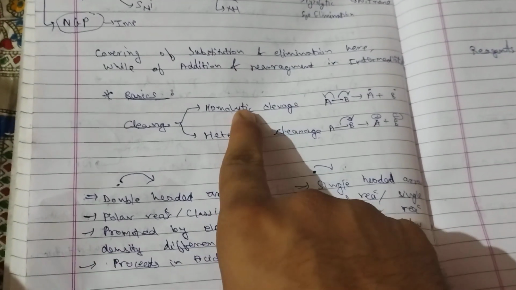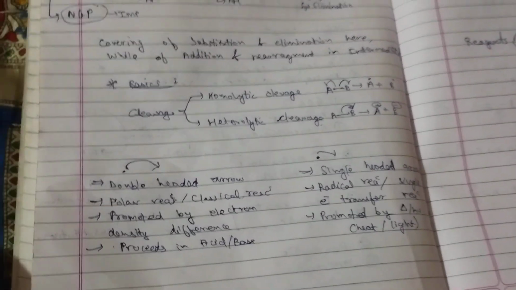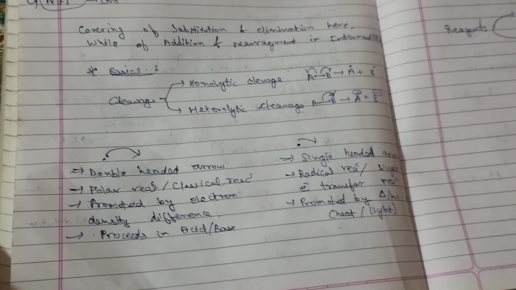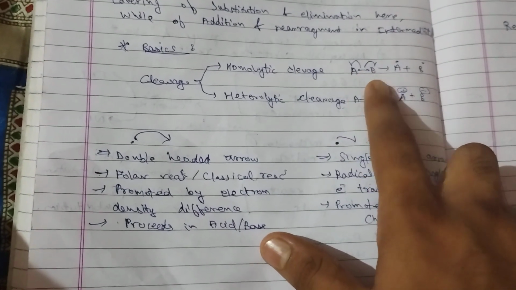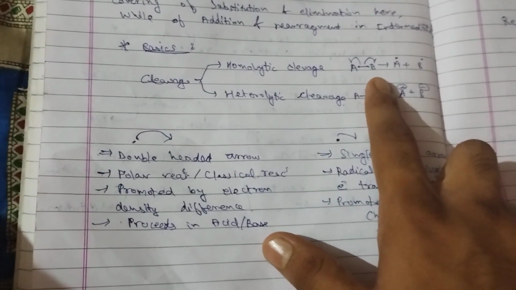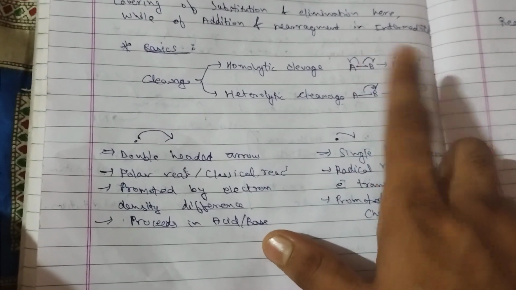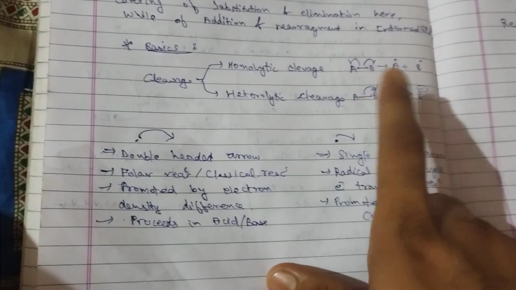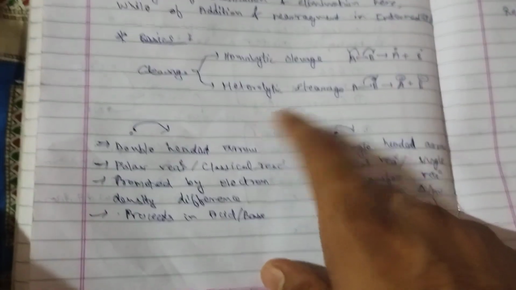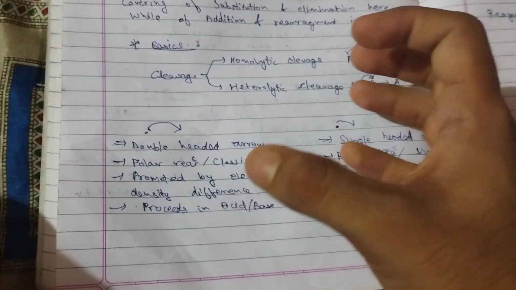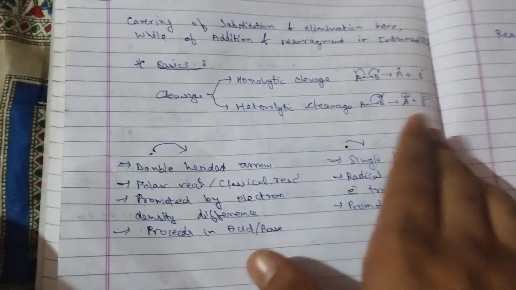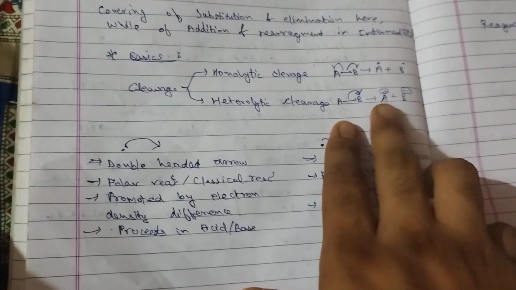Cleavage is the breaking of a bond between two atoms, and it can be of two types: homolytic cleavage and heterolytic cleavage. In homolytic cleavage, A and B are broken in such a way that both atoms get one electron each, while in heterolytic cleavage one of the atoms grabs both of the electrons, which forms ions.